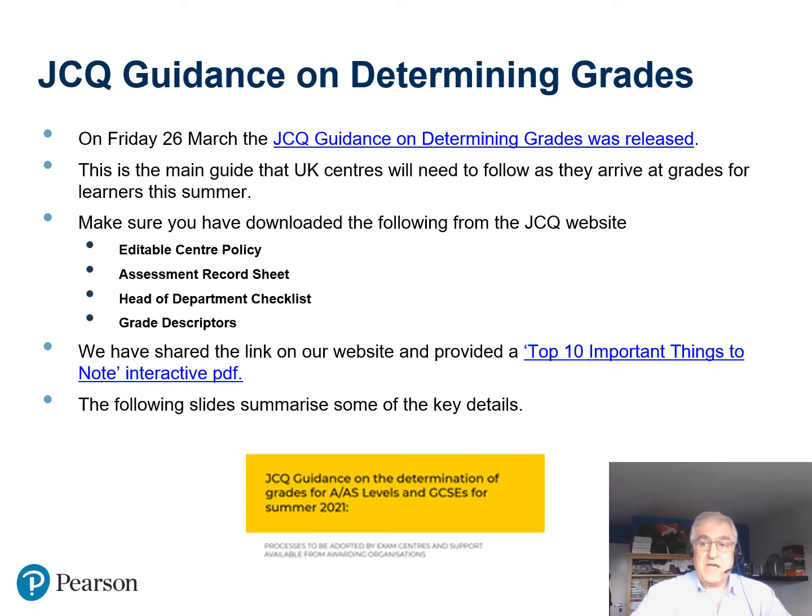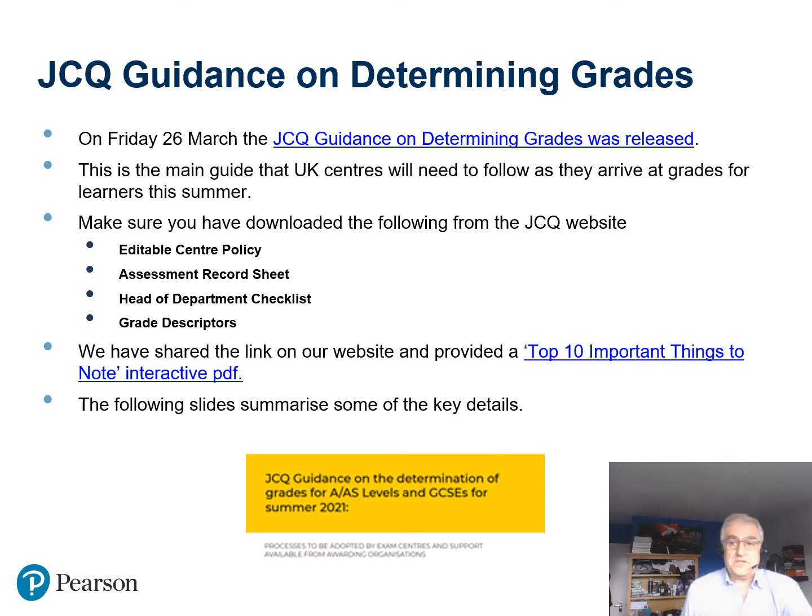The JCQ emphasises the importance of the centre policy. The centre policy is what sets out your centre's approach, and it describes the process that you are going to use. It also outlines the internal quality assurance in your centre.